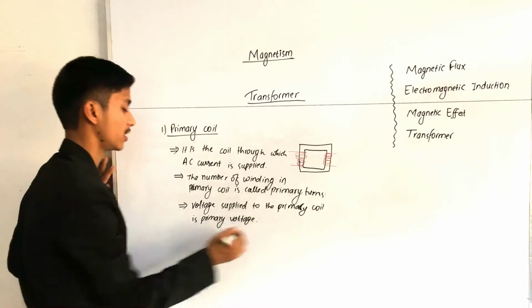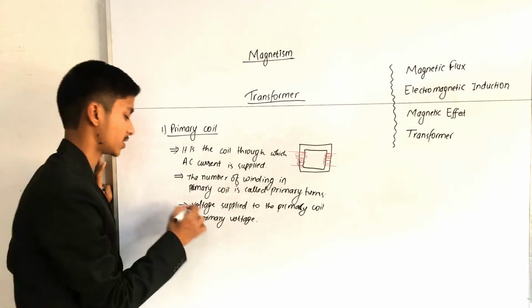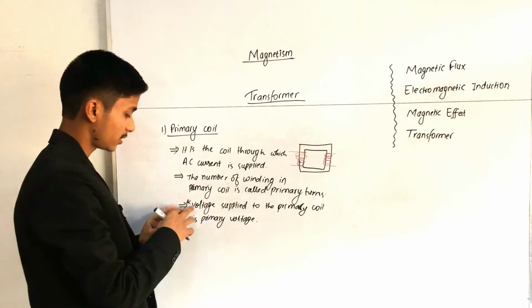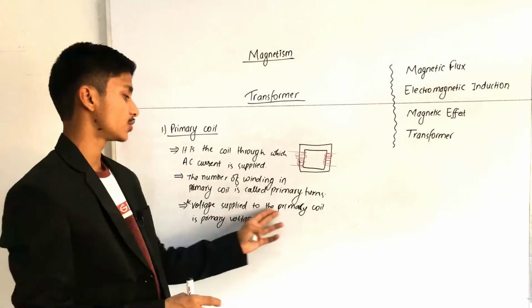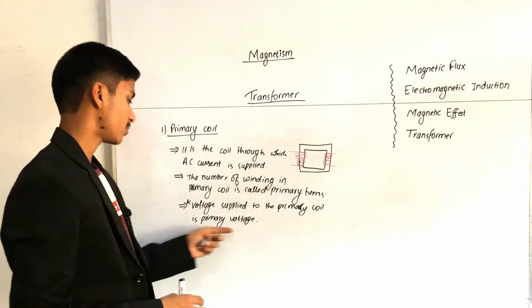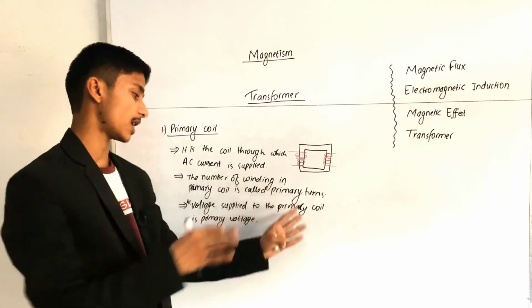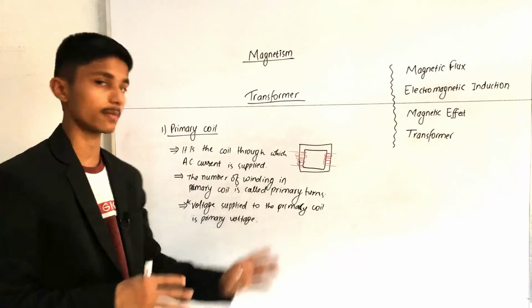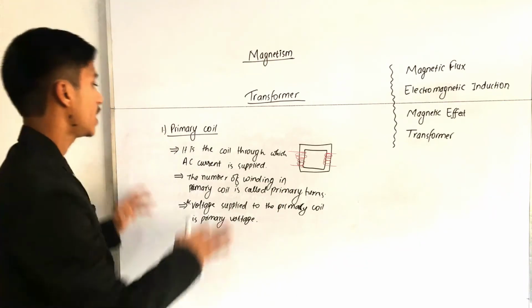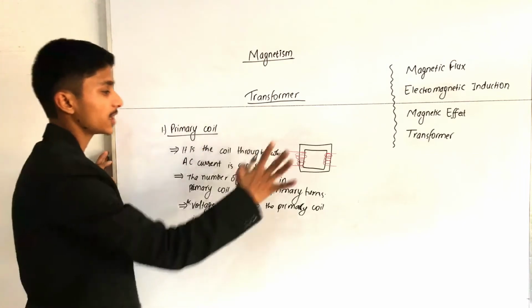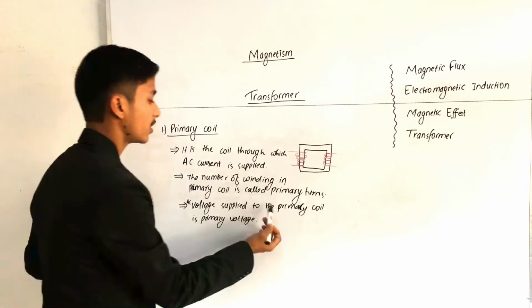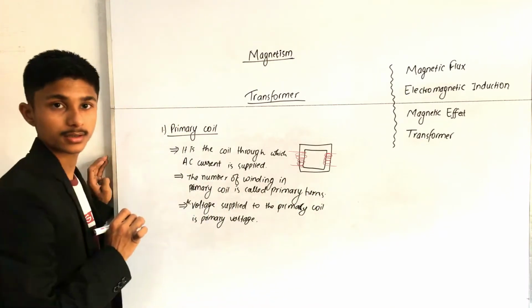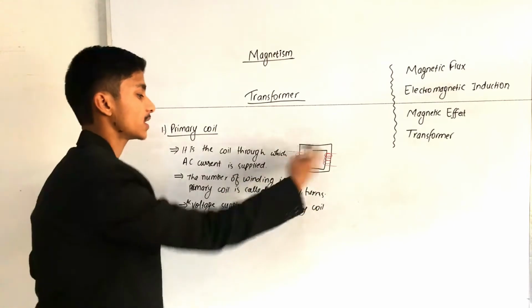Here always AC voltage is supplied. The AC voltage which is supplied to the primary coil is called primary voltage. In the primary coil, for the step up transformer, the number of primary turns is less than the number of secondary turns.